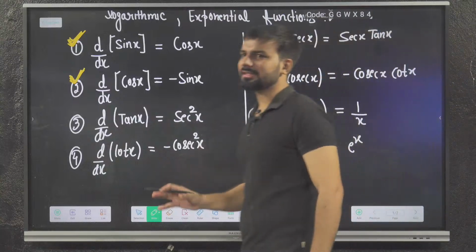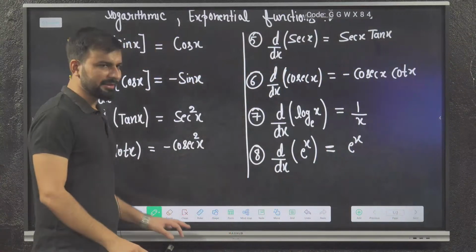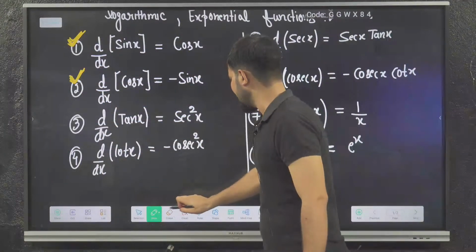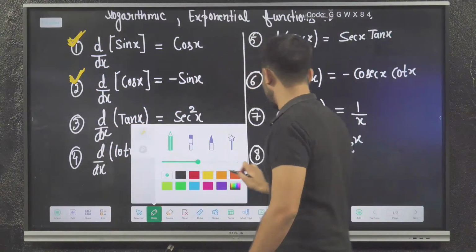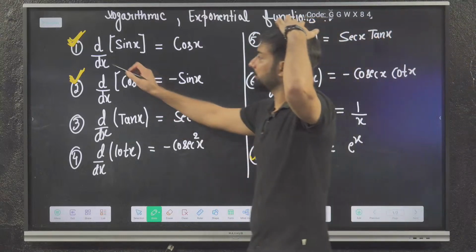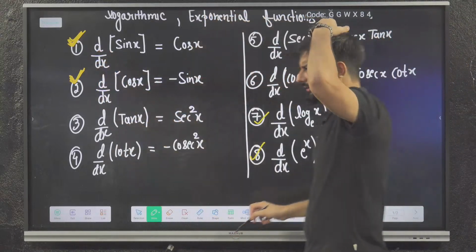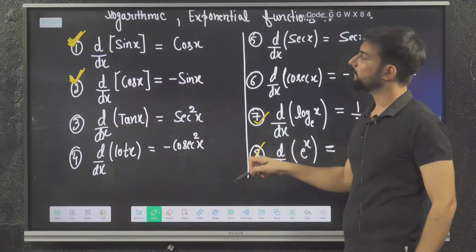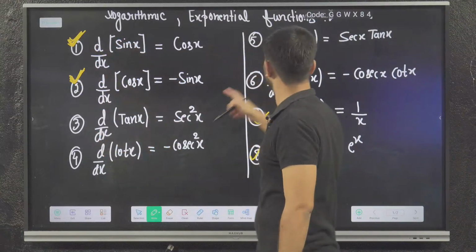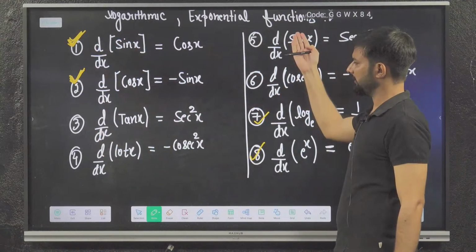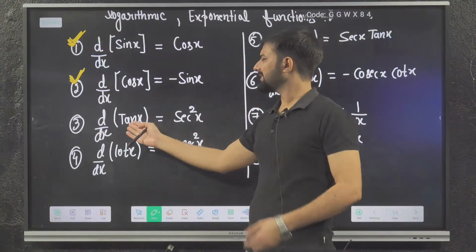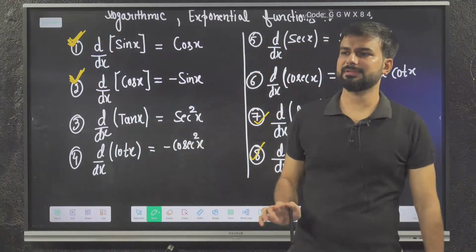So I'm telling you again how much you have to remember: these two, the 7th and 8th one, are highly utilized, let's say 99%. The third can be utilized only 1% in NEET physics, if at all.